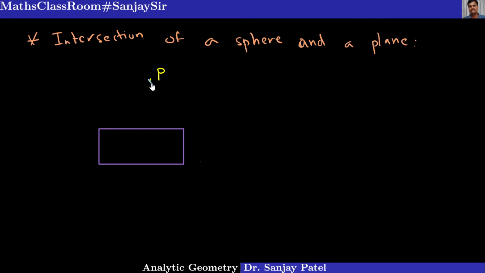So draw a perpendicular from this point onto this plane, and suppose the foot of the perpendicular is capital M, and we want to know the formula to find the distance. This you already studied in your higher secondary.